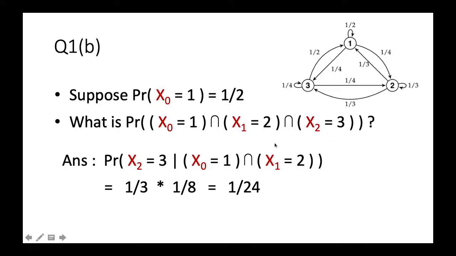The chance of getting this one is half of a chance here, multiplied by 1/4 chance here, and then multiplied by 1/3 chance here. So in the end, it is equal to 1/24. Okay, so this is, sorry, this is incorrect. I'll make a change here after the tutorial.